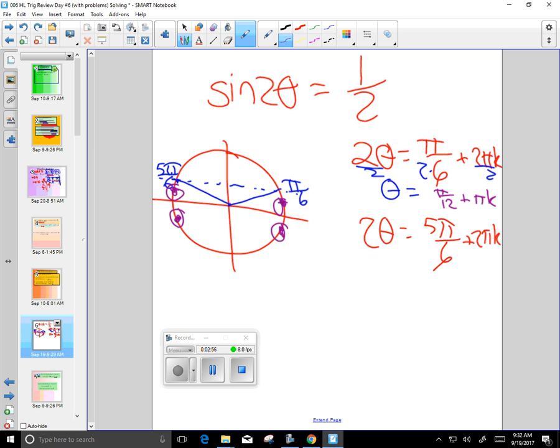And I got to do this one divided by 2 as well. Theta equals 5 pi over 12 plus pi k. And then going on into infinity. But do you see how sine theta equals 1/2 gave me only 2 values, and now we have 4? You okay with that? Okay, let's try another one.